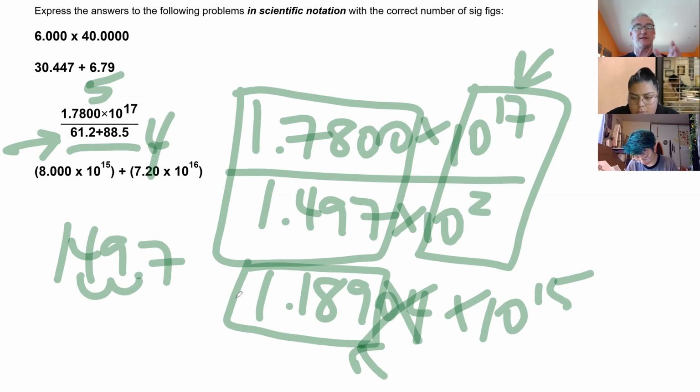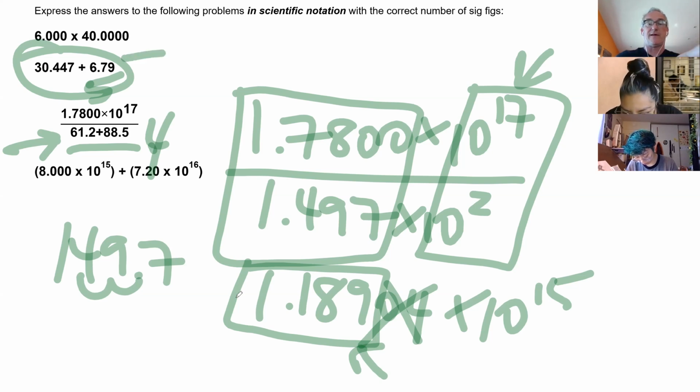So, for instance, if we used this first number instead of this second one, I would take all the digits. If I was to then take this number and multiply or divide it by something else, take all the digits. Don't round it yet. So I would use all the digits in that answer.